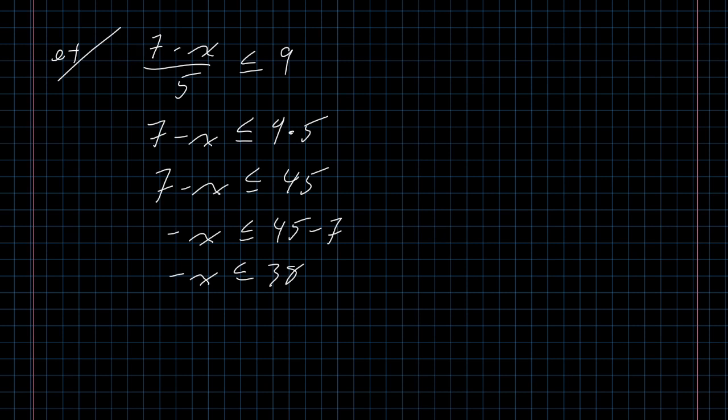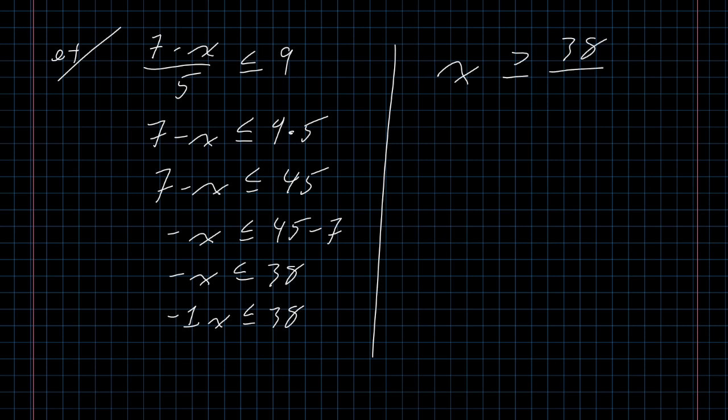We've seen in other circumstances, we can think of the opposite of x as -1 times x, which makes it a little bit more clear that to get x by itself, we're going to divide by -1. And because we moved this -1 from the left side of the inequality to the right side, we change the direction of the inequality symbol, and the solution here is that x is greater than or equal to -38.